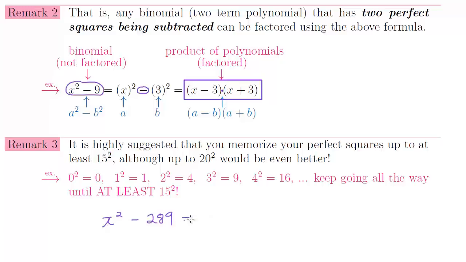In fact, this is x squared minus 17 squared, which then, through the formula, we know factors into x minus 17, x plus 17. So it's very helpful to have your perfect squares memorized up until at least 15 squared, which is 225. It's even better to go up to 20 squared, which is 400.